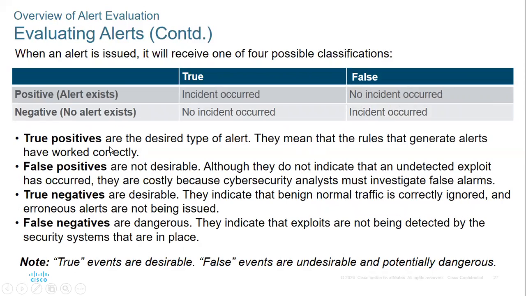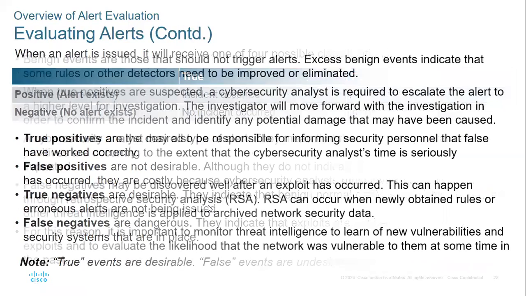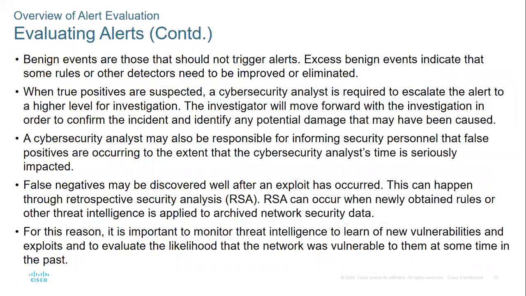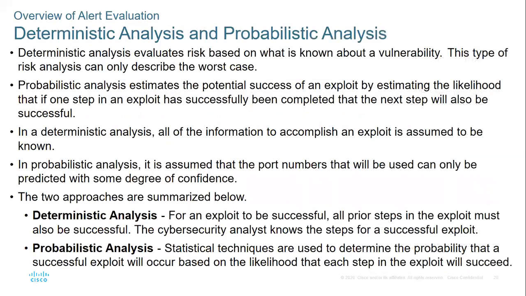So true positives are the desired type of alerts that we want. False positives, we don't want these. True negative, yes: there is no alert and there is no incident. False negatives, these are dangerous. We have an incident which is going undetected.